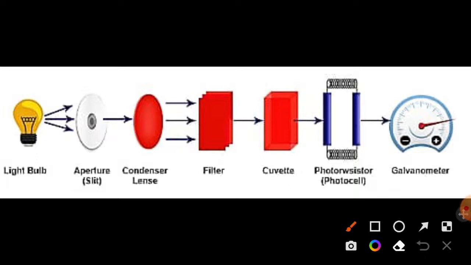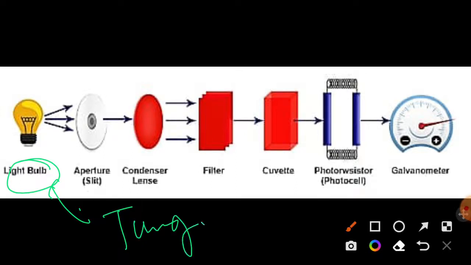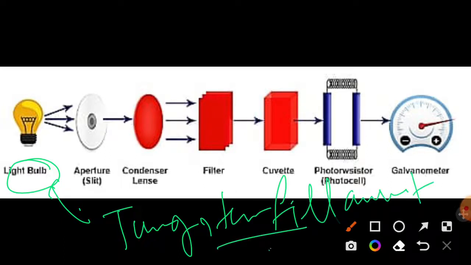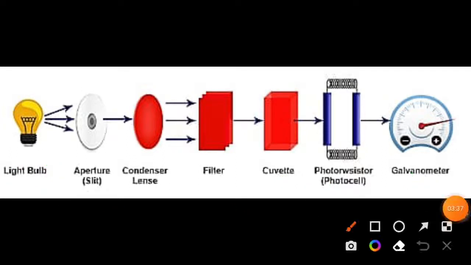The first thing is we have to take a light source. Remember, in most cases it will be a tungsten filament, and I will also provide notes for the instrumentation of colorimetry. So let's keep watching. First of all we use the tungsten filament as the light source.